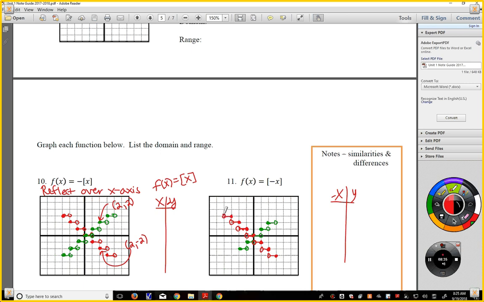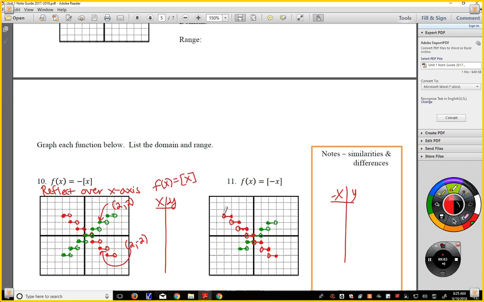Now you might think these look the same, but they actually have some big discrepancies. They both appear to have a downward sloping trend, if you want to refer to that. However, notice how the endpoints have changed in this one here. The endpoints didn't change over here, and it had to do with how we were reflecting it. When we were reflecting it over the x-axis, you still went from solid to open endpoint.